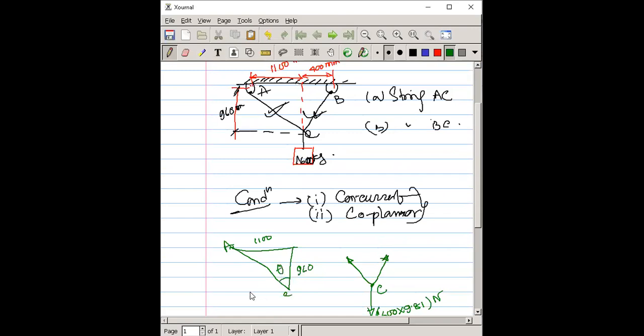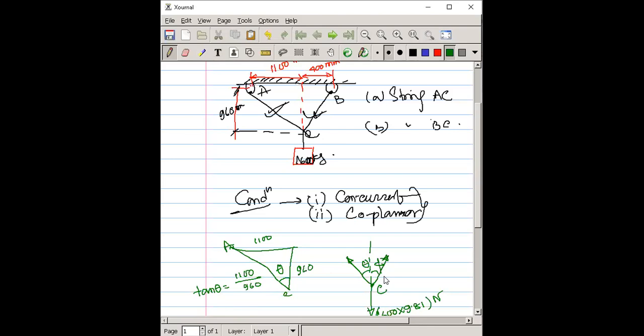If we consider this is theta, then we can easily write tan theta is equal to 1100 divided by 960, right? Yes or no? Tell me. Can we write, right?